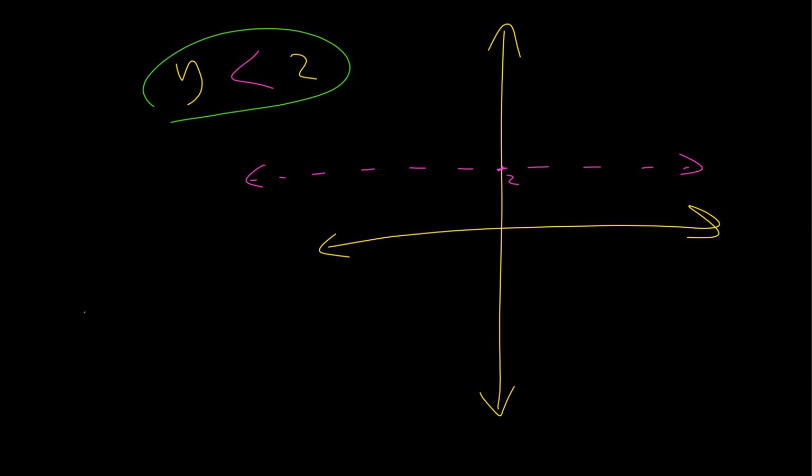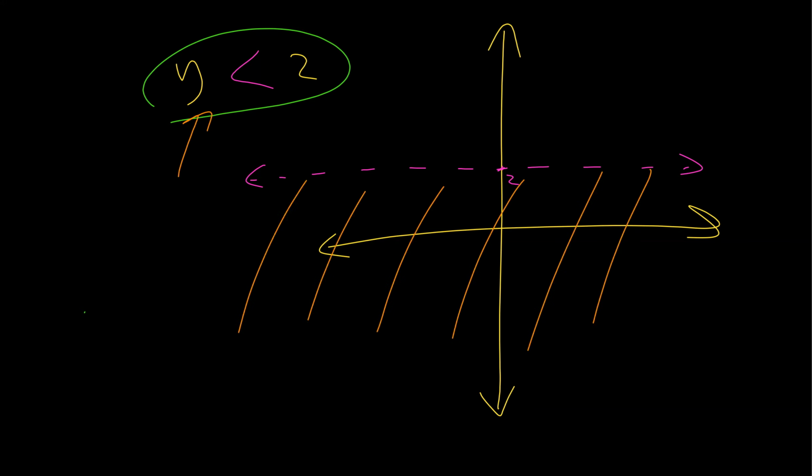I'm talking about y less than 2, and y less than 2 is in this area. This is the region of solution. It's not one point of solution. Any point in the shaded region satisfies this inequality.